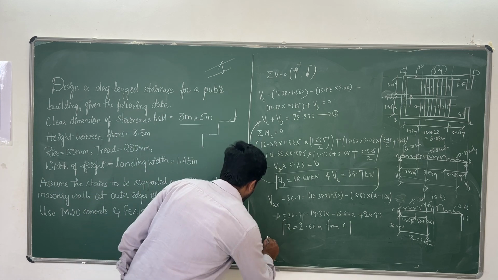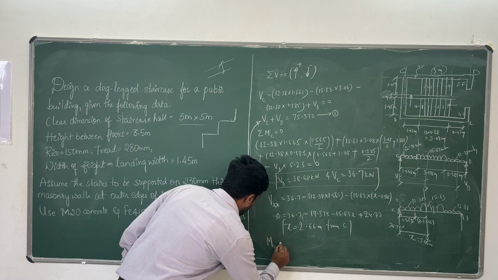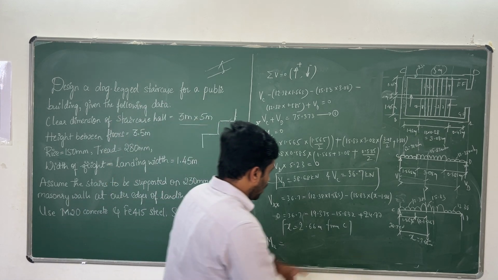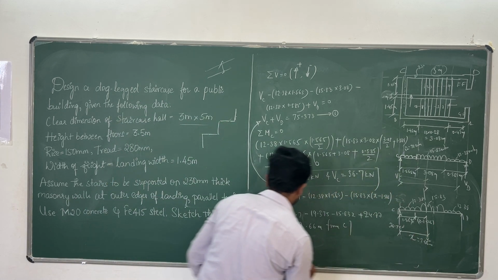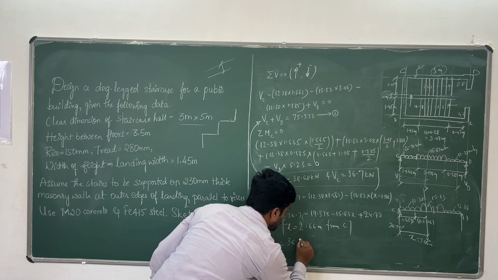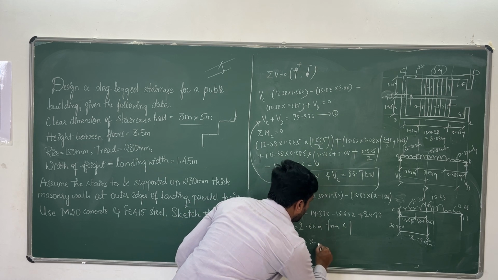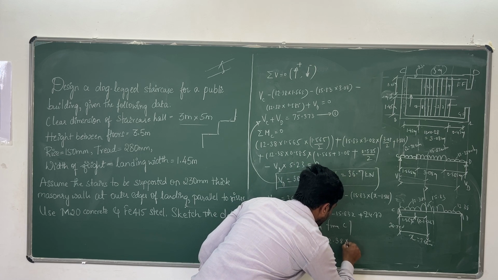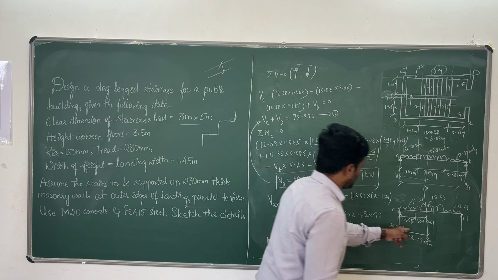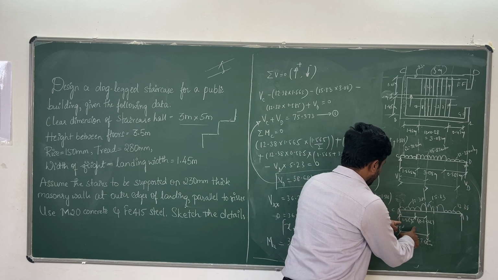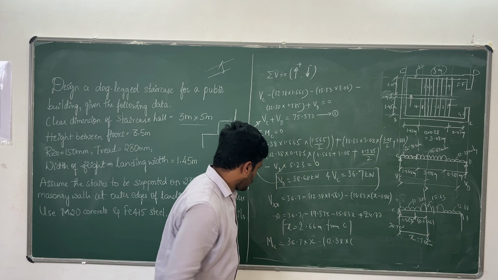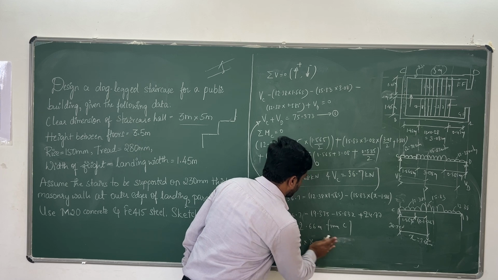How to compute Mu? It's very simple, direct moment. So now 36.7 into x, 36.7 multiplied by x minus 12.38 multiplied by 1.565.